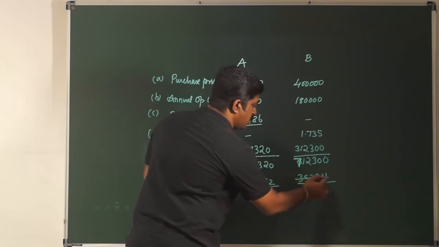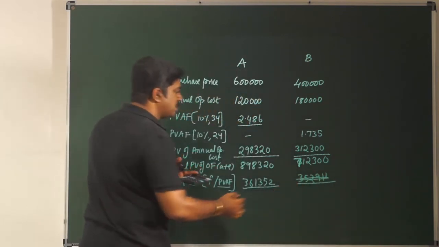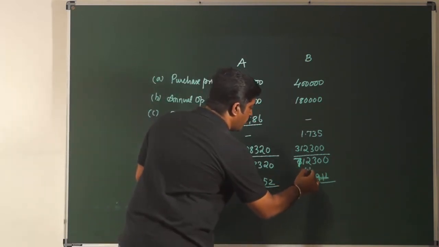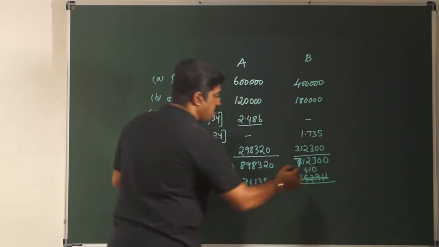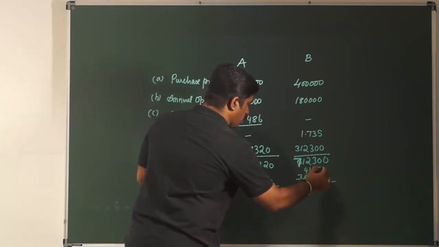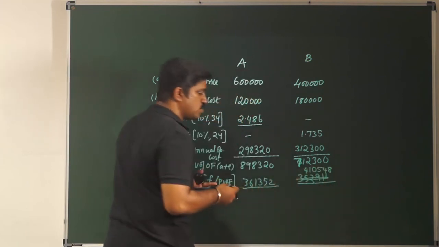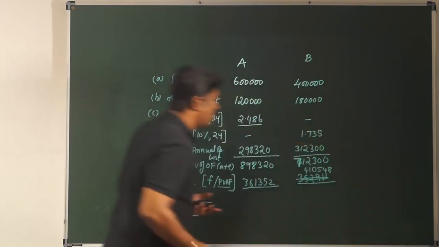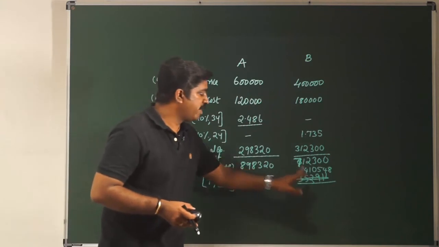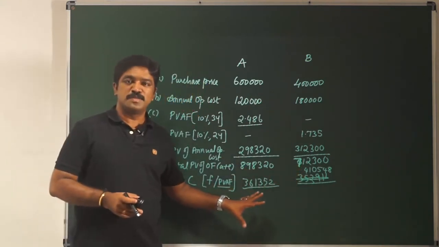What we are getting is not 352,911. Rather, we are getting 410,548. Please watch out. I'm keeping it here. Here comes the major shift.